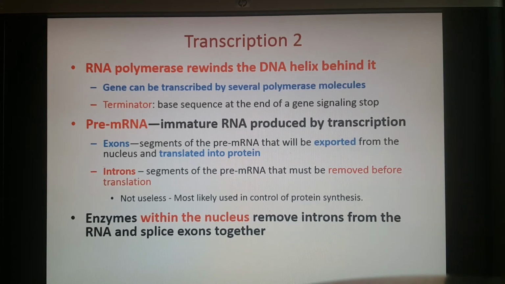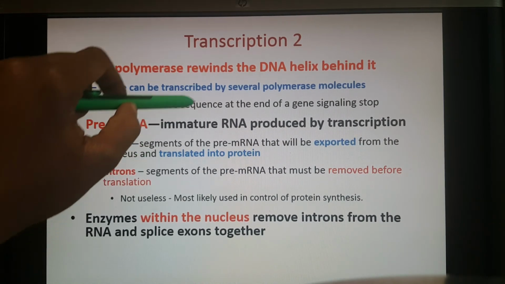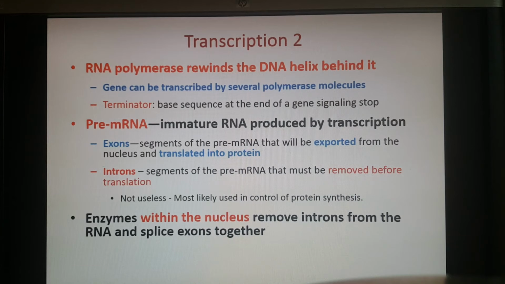You can transcribe the gene multiple times, making multiple copies of your RNA if you need to make a bunch of a particular protein. Once your RNA polymerase goes through that gene and hits the stop signal, it will stop and detach from your DNA.